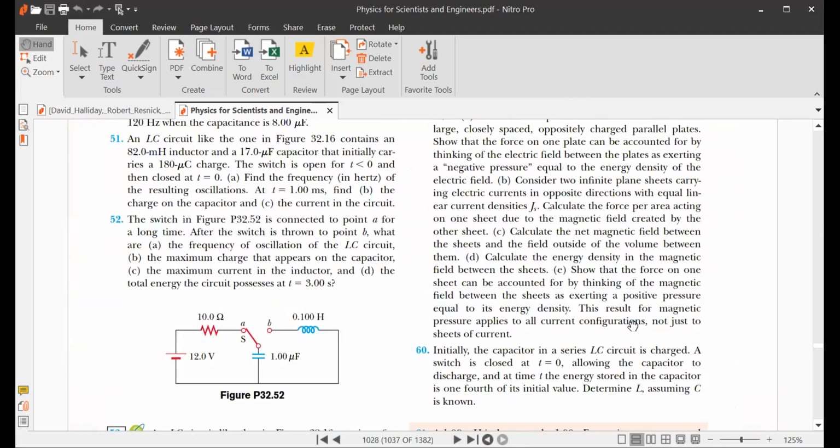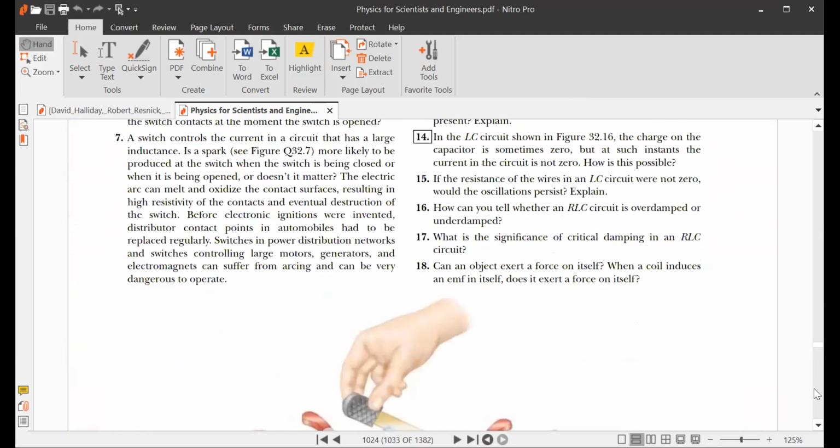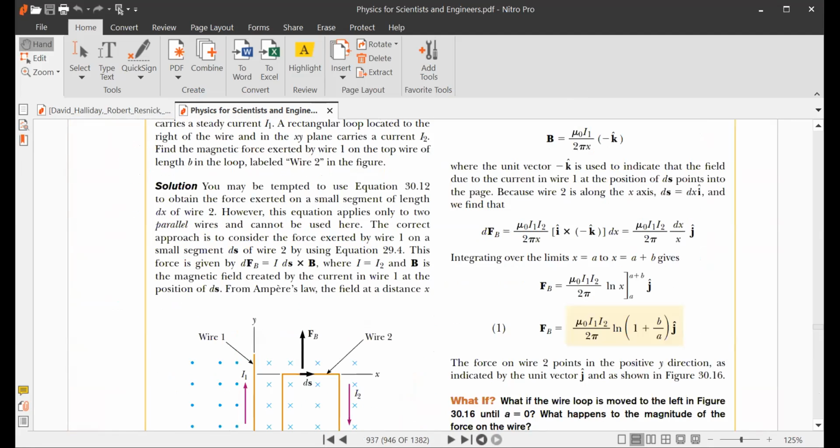Oke, jadi kita bahas pertama-tama itu tentang hukum Faraday.